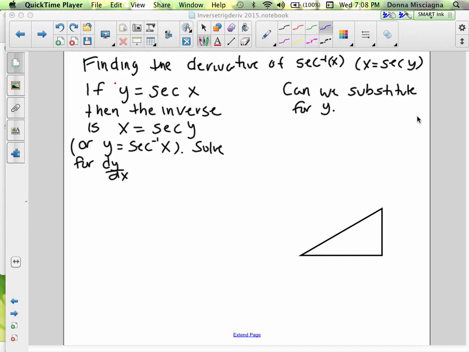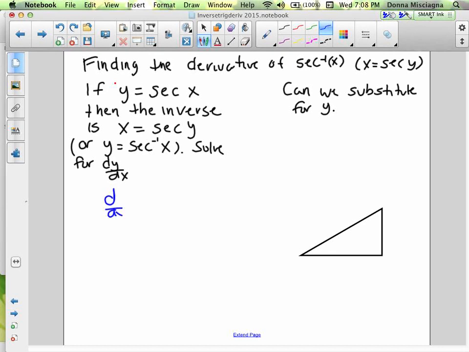So we're going to take the derivative of x equals secant y and solve for dy/dx. Take the derivative of x with respect to x and the derivative of secant y. The derivative of x with respect to x, of course, is 1.